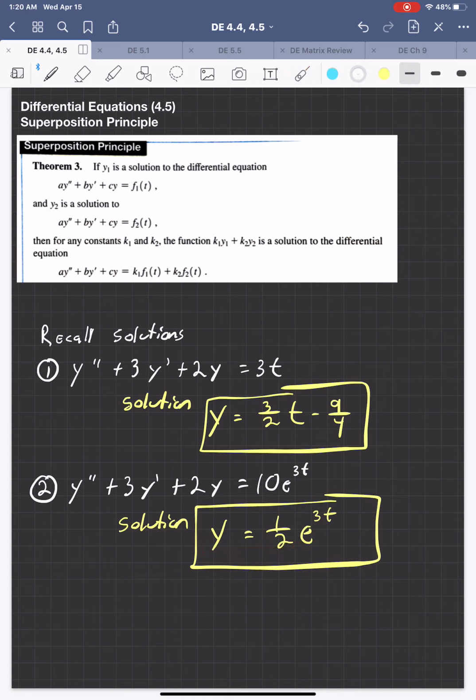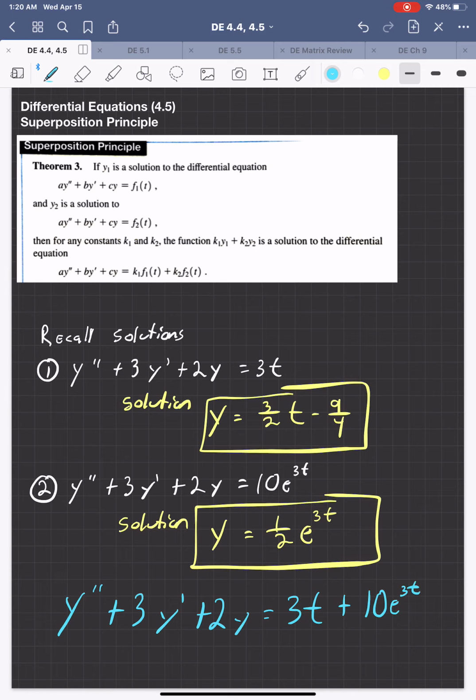Now, what this superposition principle tells us is, let's imagine a differential equation of the form y double prime plus 3y prime plus 2y is equal to 3t plus 10e to the 3t.